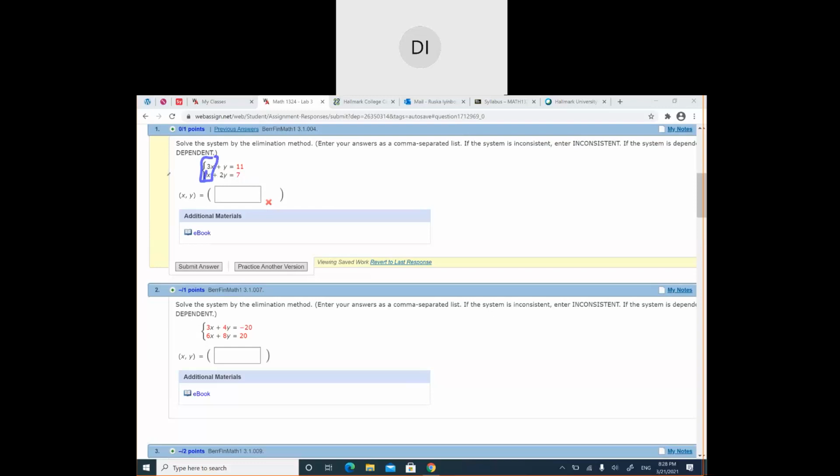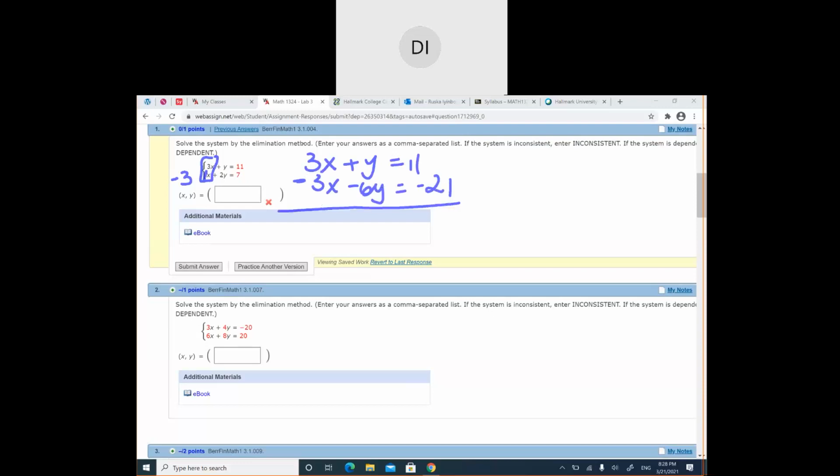If I multiply the second equation by -3, 3x minus 3x is going to be 0, they're going to cancel out. So I'm going to copy the first equation, 3x plus y equals 11, and multiply the second by -3, and then minus 6y equals -21.